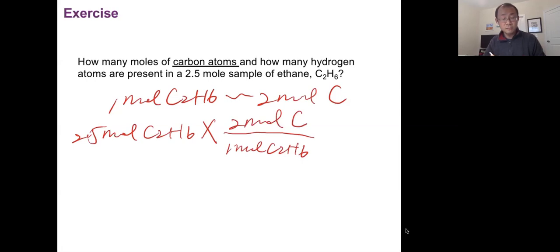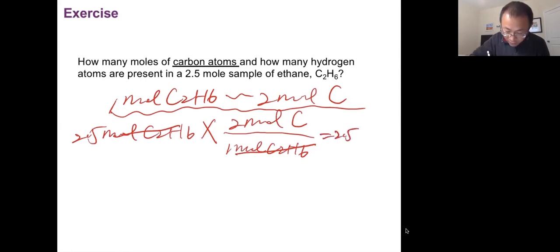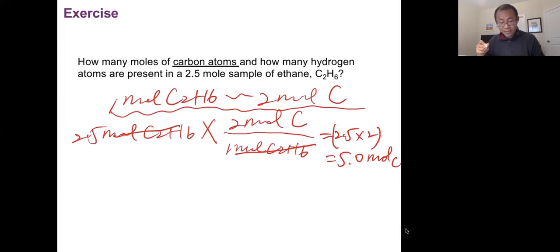How do I get it? From here. I put 1 mole of C2H6 in the bottom. Why? Because I want to cancel moles of C2H6. So the calculation is 2.5 times 2 equals 5.0 moles of carbon. Do you guys see that, everyone?